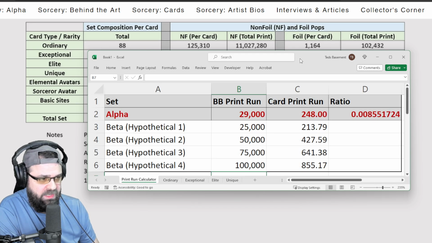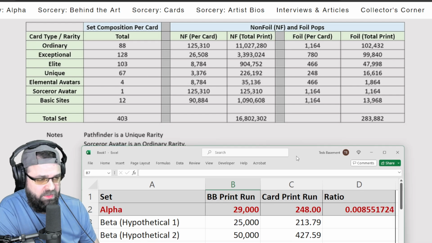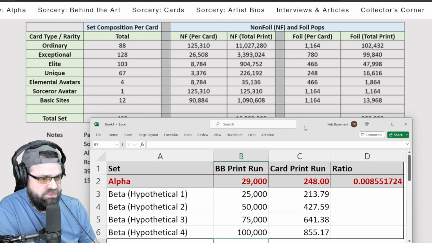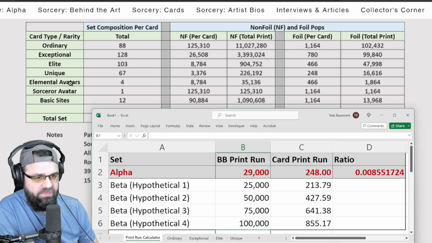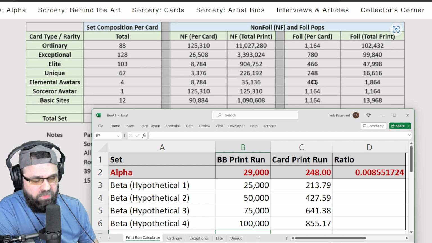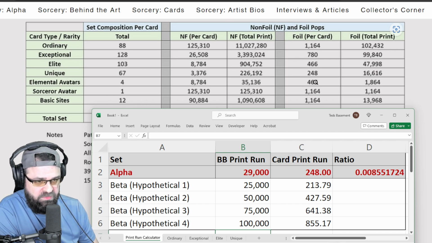So what I'd like to do now, for those of you that want to understand some of the non-foil numbers, is plug some stuff in. And by the way, I'm ignoring the avatars and the sites because if you look over here, elemental avatars match the elite print run, because those are elite rarity cards.